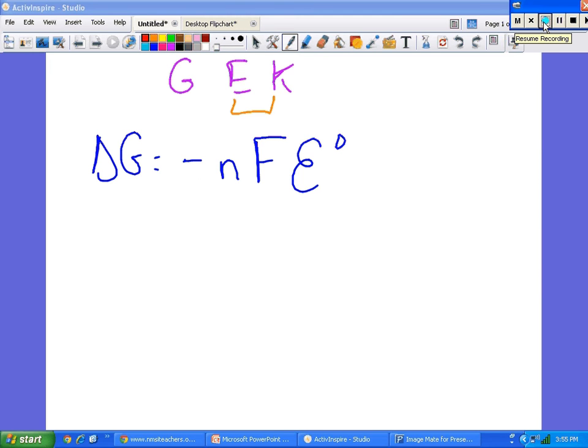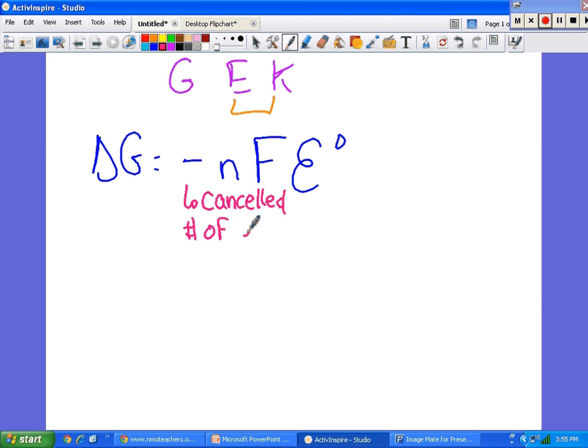Why do we need this equation? Because you have E and you want delta G. Now, n is the what? It's the number of moles, but what it really is, is the canceled number of electrons, because that's really the moles of electrons. So it's the one that you canceled off. In this equation, what was it? 6. Okay, so it's 6.